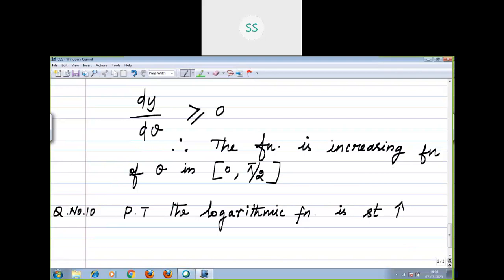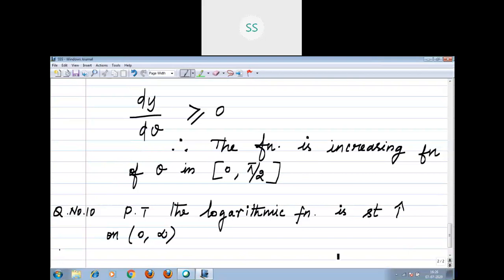Increasing means upward arrow, I told you, right? Open interval means the value should not be included. Now you compare the previous and the present, right?